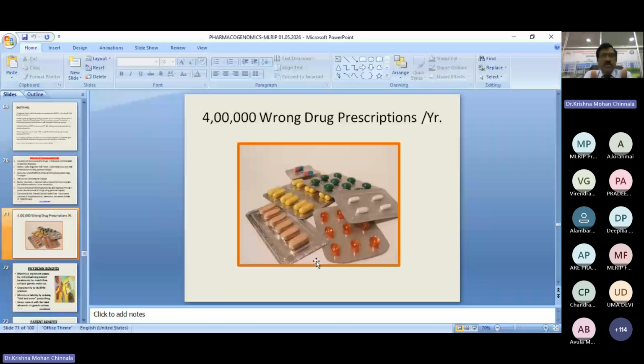So that is the reason the Indian Pharmacopoeia Commission started taking care of reporting of adverse drug reactions. My request to all pharmacologists here, please involve in it. Please teach your students how to report adverse drug reactions to the Indian Pharmacopoeia Commission or the PVPI program, Pharmacovigilance Programme of India and all.